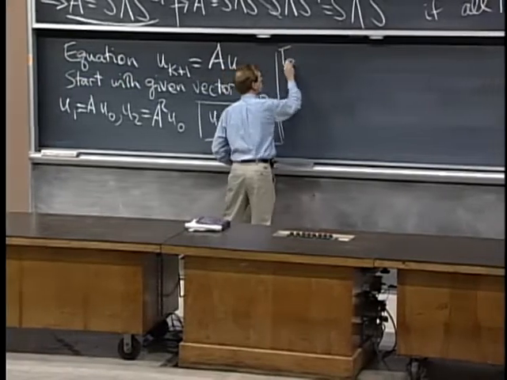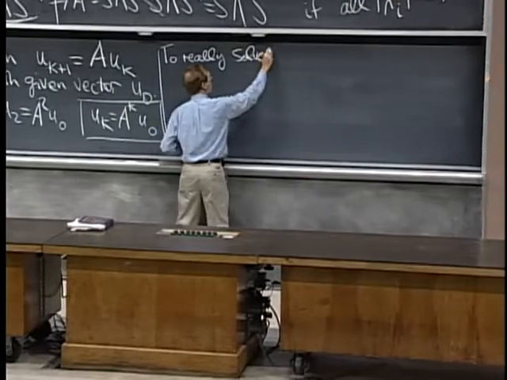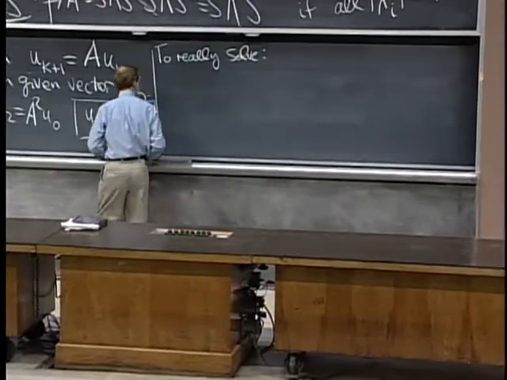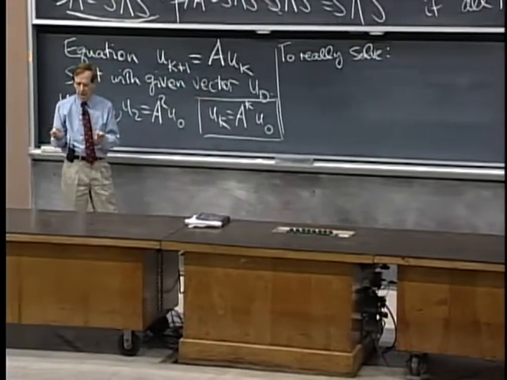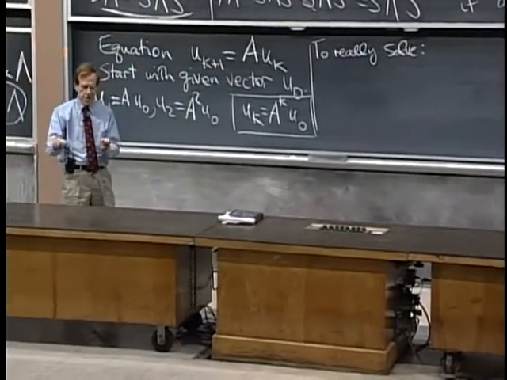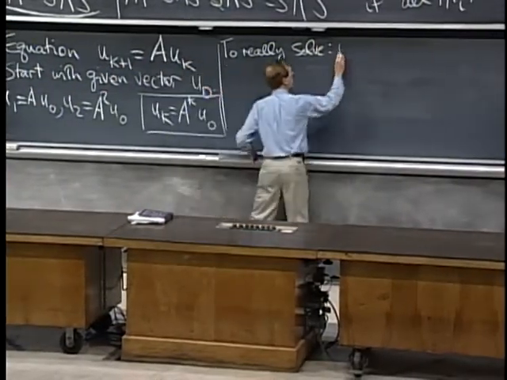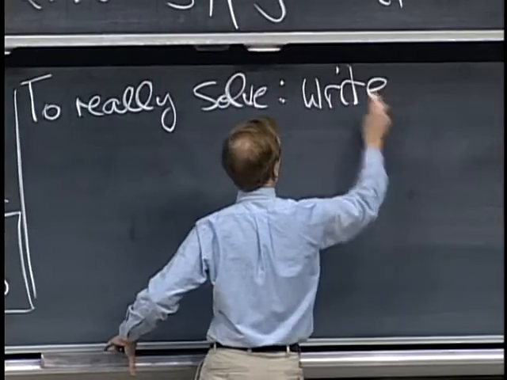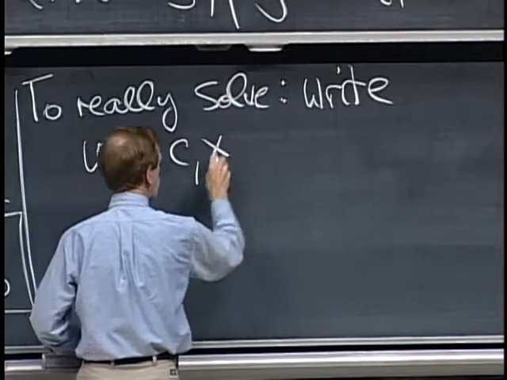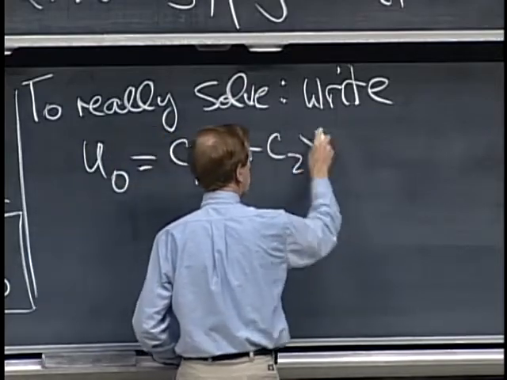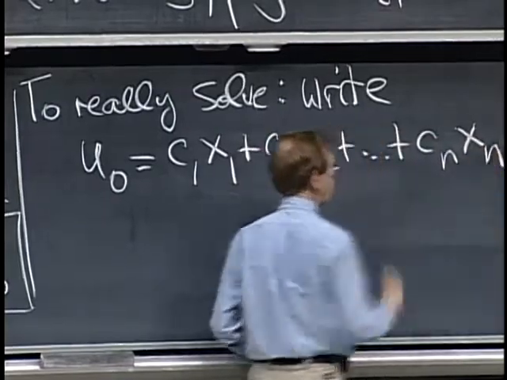To really solve it, I would take this initial vector u0 and write it as a combination of eigenvectors: a certain amount of the first eigenvector plus a certain amount of the second eigenvector plus a certain amount of the last eigenvector.